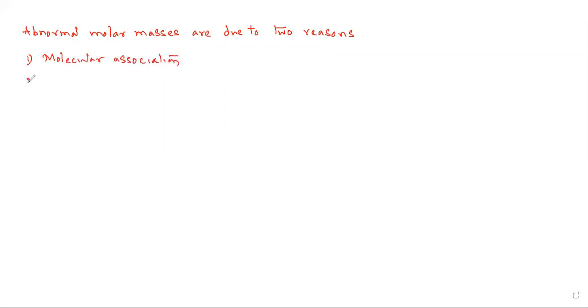The second one is molecular dissociation. Okay. Now let us see what molecular association is and how to find degree of association.